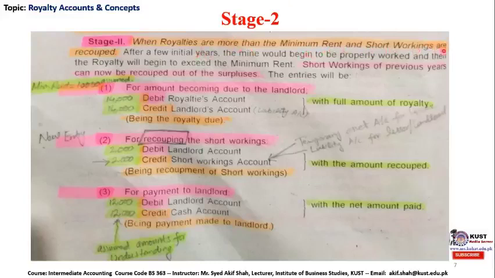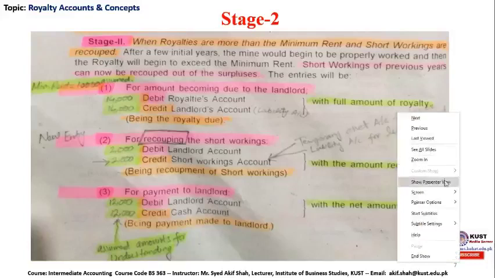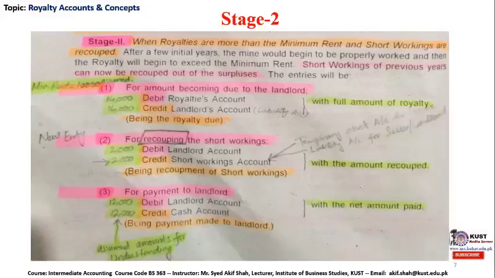In the previous example and in the previous lecture, we discussed how the lessee paid short working to the landlord, which will be recovered in this stage number 2, since in the subsequent year the company has utilized the mines at greater capacity and will have to pay the royalty fee in excess of the minimum or dead rent. So we had taken an example of the landlord as party A and the lessee as party B.